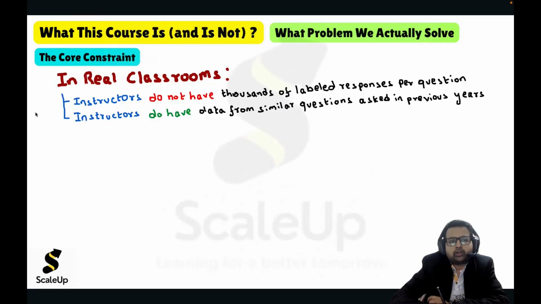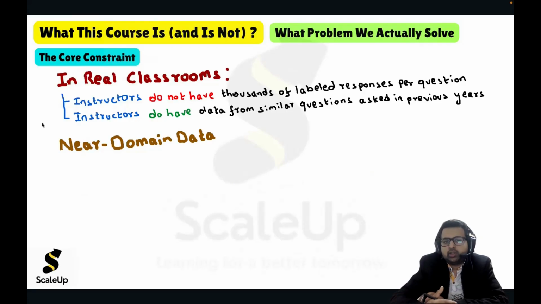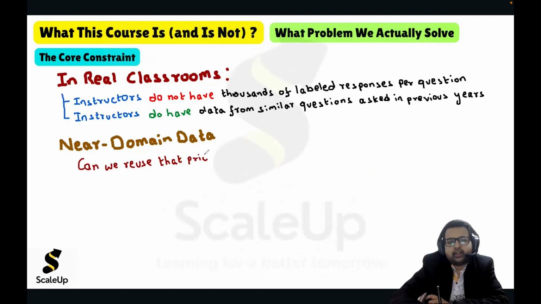And here is where near domain data comes into the picture, because we will not have thousands of labeled responses; rather, we will have data from similar questions. Near domain data asks whether we can reuse that prior knowledge intelligently.